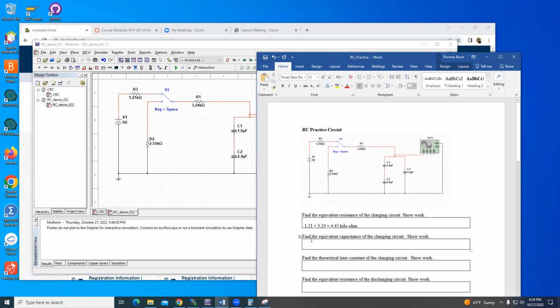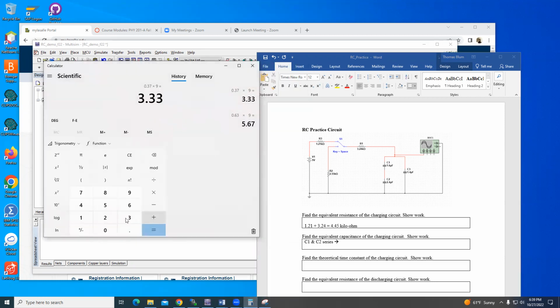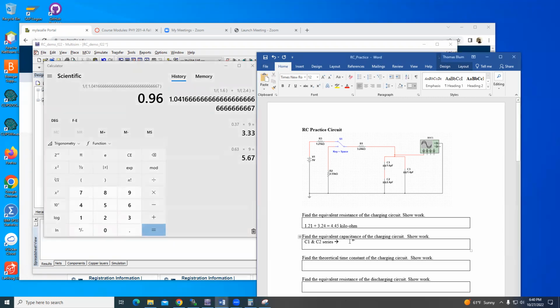So C1, C2 are in series. Capacitors in series add reciprocally. So where's my handy calculator? Okay, so it's 1.6 1 on plus 2.4 1 on equals 1 on. I'm getting 0.96. And that was a microfarad.